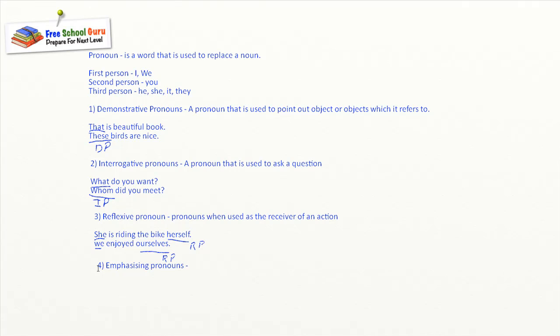Okay, so let's write this definition. A pronoun that is used to convey emphasis is called an emphasizing pronoun. So an example would be I myself saw him coming.